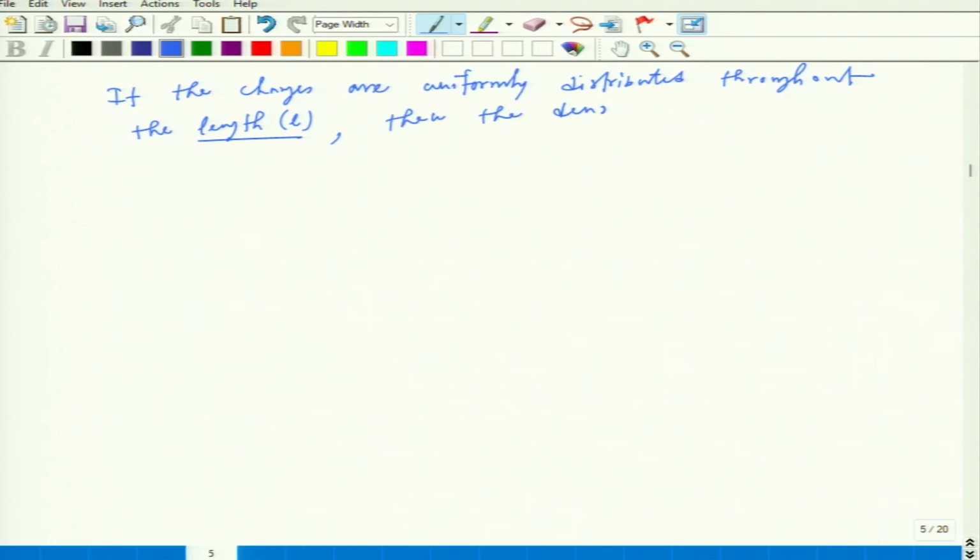Very specifically, the linear charge density lambda becomes uniform.